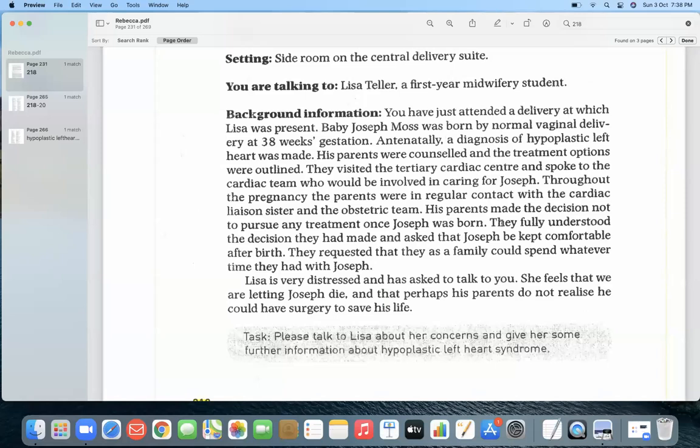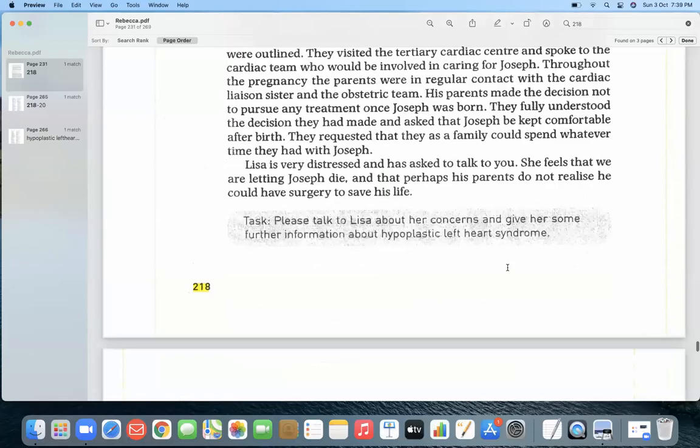His parents made the decision not to pursue any treatment once Joseph was born. They fully understood the decision they had made and asked for Joseph to be kept comfortable after birth. They requested that they as a family could spend whatever time they had with Joseph. Lisa is very distressed and has asked to talk to you.